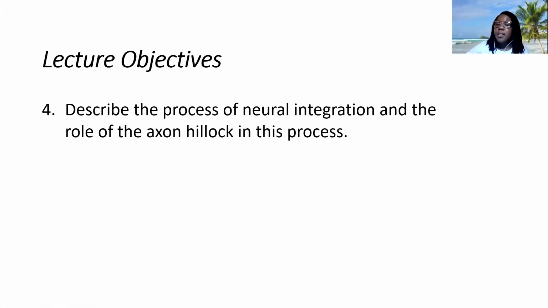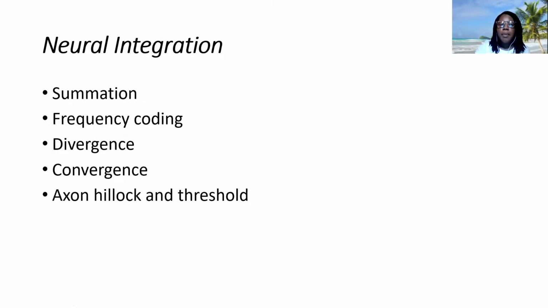Objective number 4 is to describe a process called neural integration and the role of the axon hillock in this process. So the axon hillock, if you remember, is pretty much that neck region of the neuron. It's the narrowing between the soma and the axon itself.